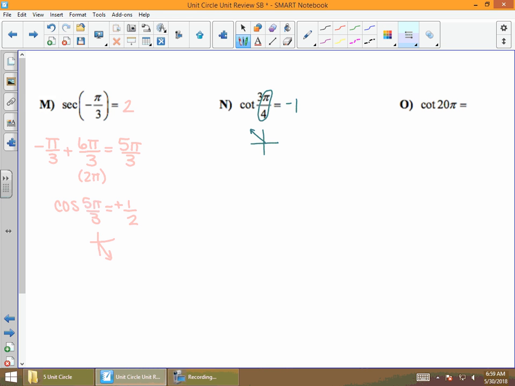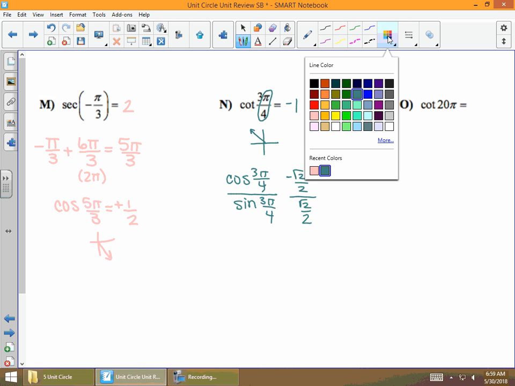Now, if you would rather do cosine divided by sine for that one, cosine at 3 pi over 4 is negative radical 2 over 2, and sine at 3 pi over 4 is radical 2 over 2. So that gets you negative 1 as well. Whichever way you like.